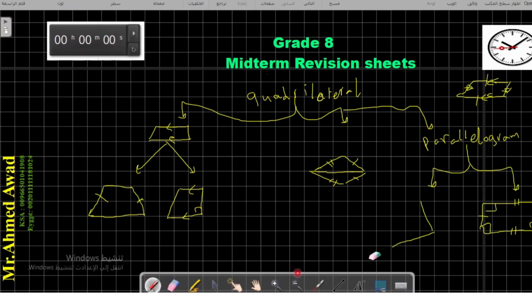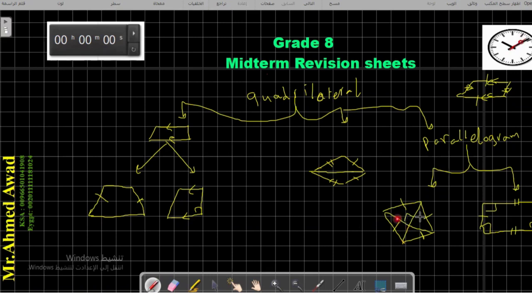Okay. So the opposite angles are equal. This side equals this side equals this side. What about the diagonals? Are the diagonals equal? Are you sure?